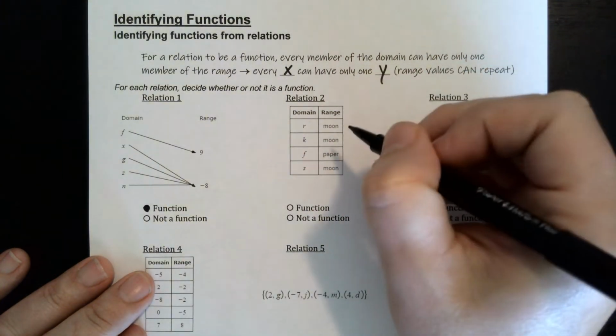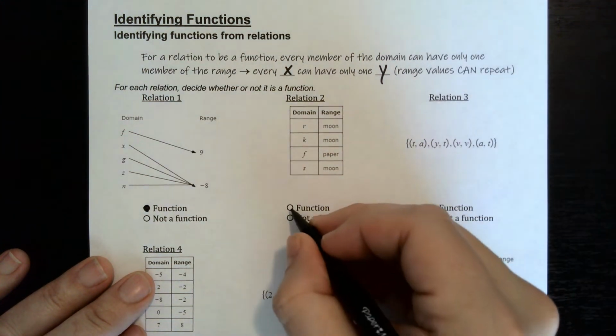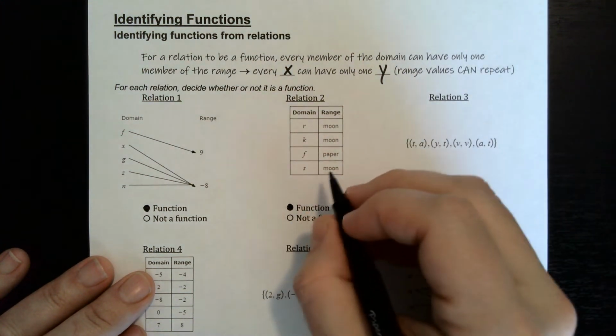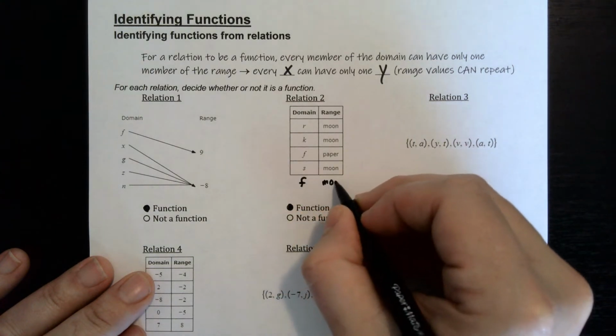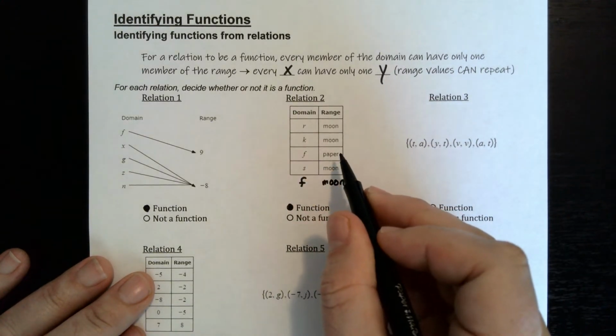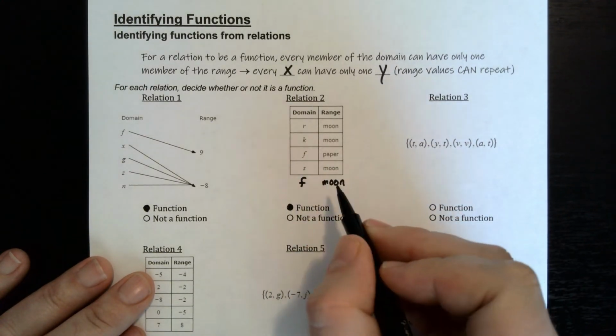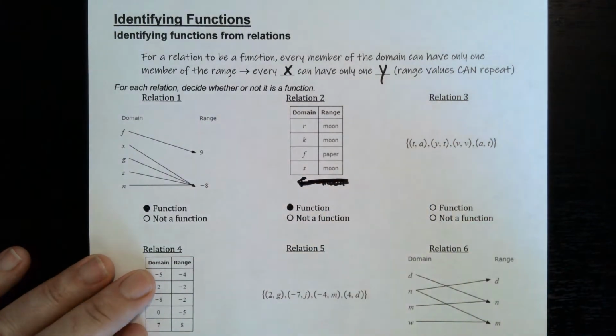Well, the r goes to moon, k goes to moon, and s goes to moon. That's fine. Okay, so this is a function. Now, if I put something like this down here and I said f goes to moon, well, that would mean that your f had two different range values. It both went to paper and went to moon, and that would be a problem. But it didn't say that, so this is a function.